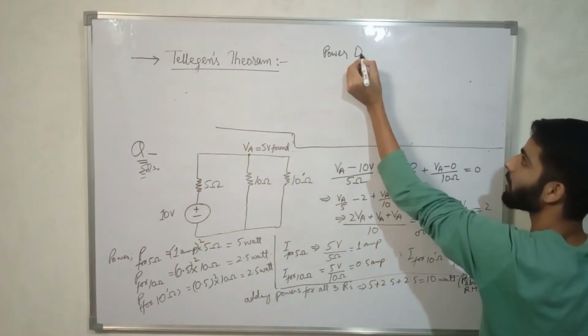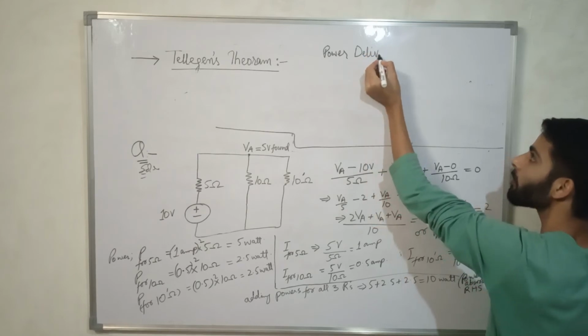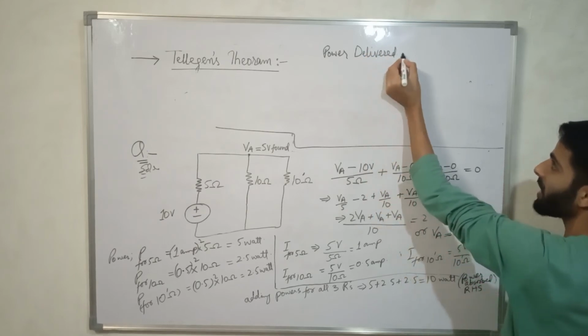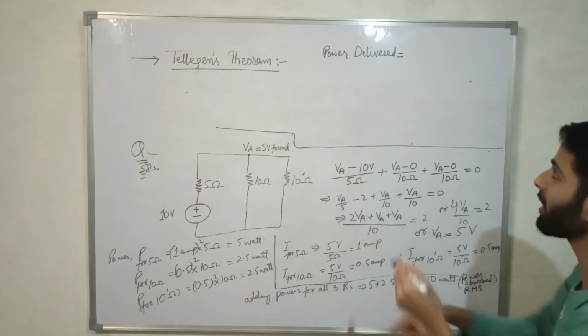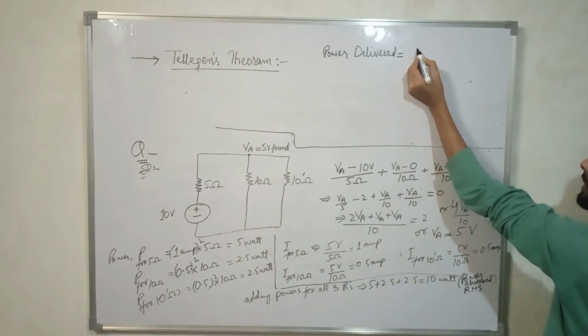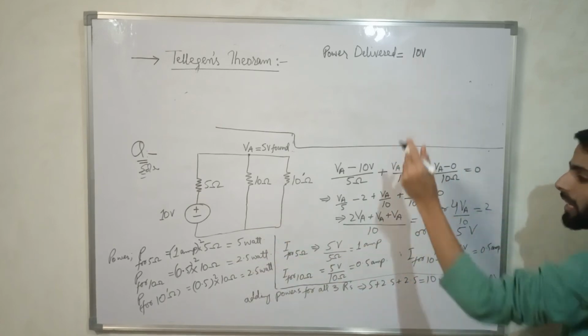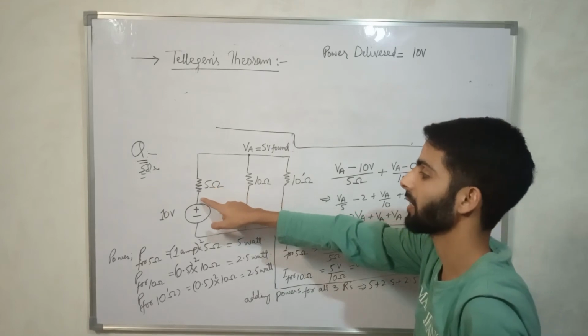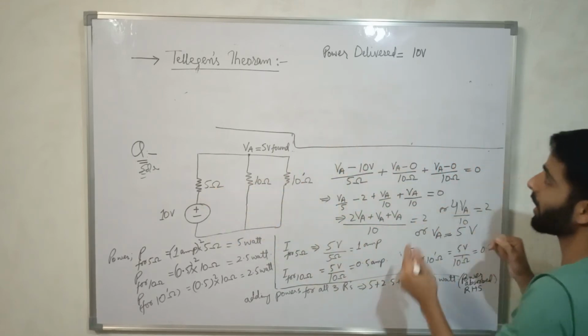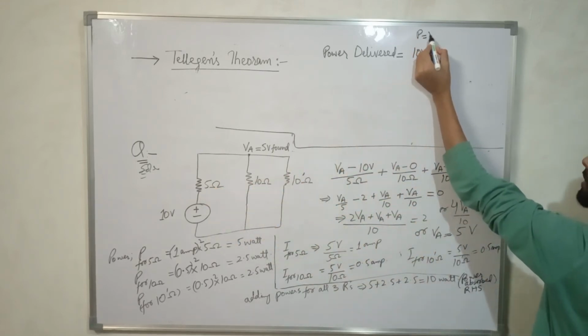Power delivered is equal to 10 volt, voltage into current. Power is voltage into current, P equal to VI.